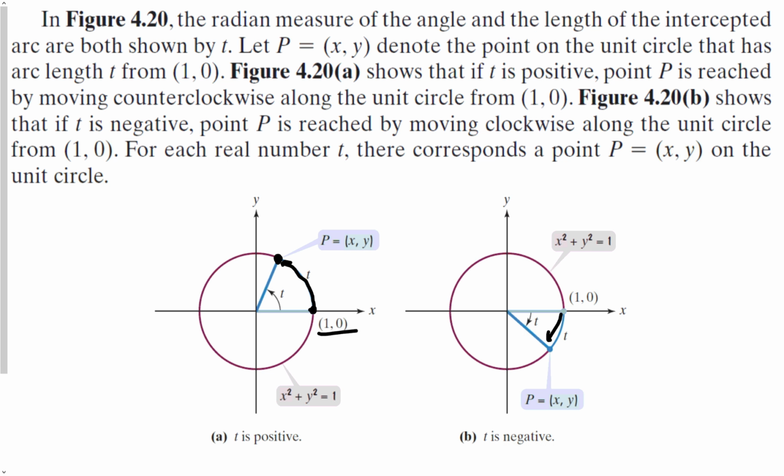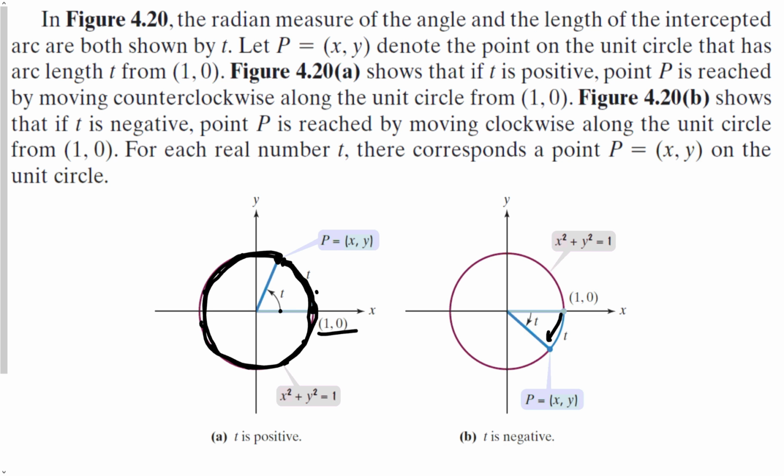But no matter what, as I go around here to all these different points, if I am making an angle starting from here and going around the circle, I'm going to wind up somewhere on this unit circle.